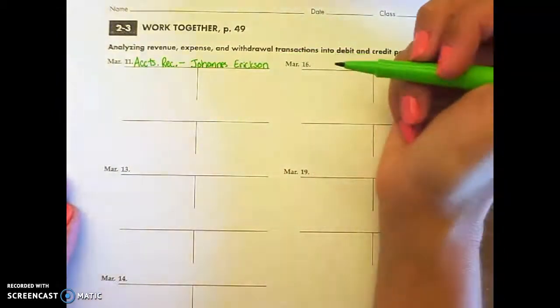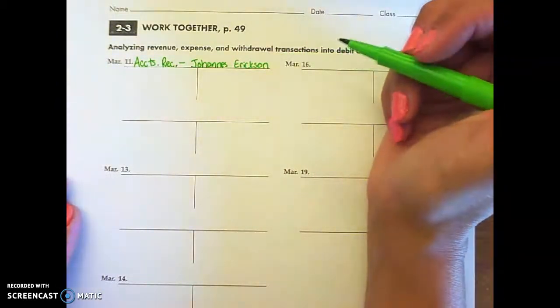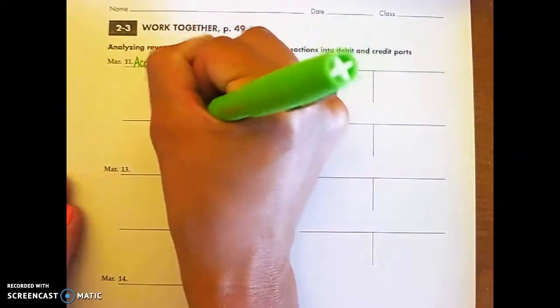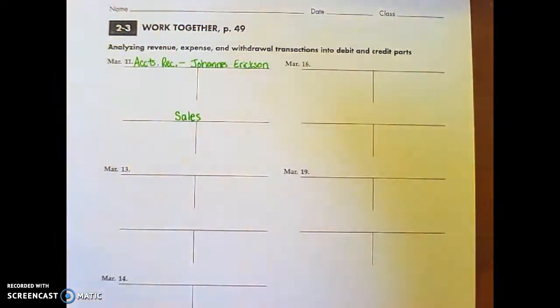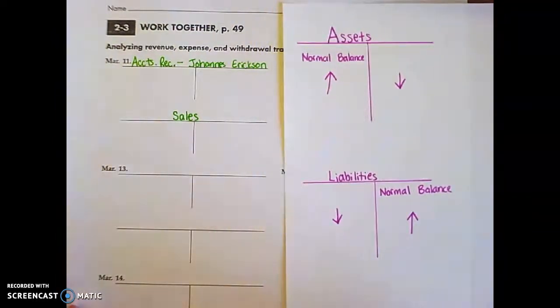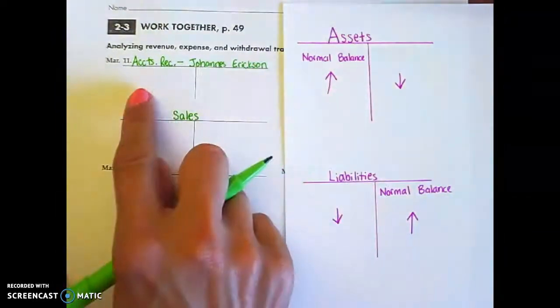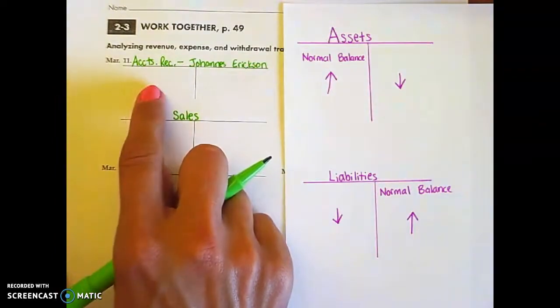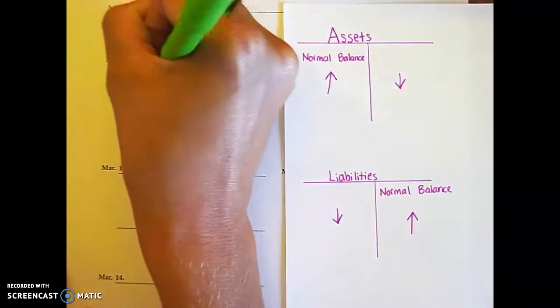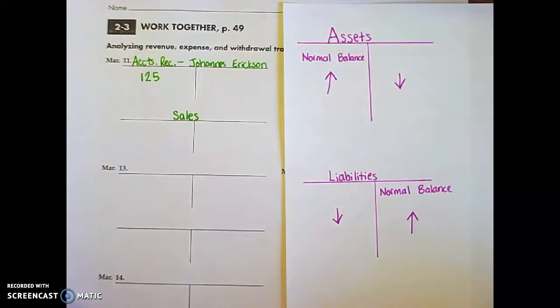She is charging on account, and we sold services. The account title we will use for that is sales, which is classified as a revenue account. All right, accounts receivable is an asset, and assets have a normal balance as a debit. The amount that she owes us is increasing, therefore accounts receivable will receive a debit of $125.